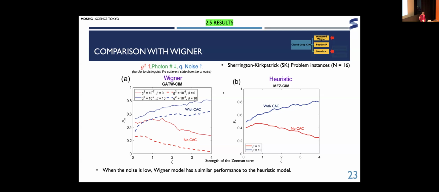When G squared goes up, the mean photon number goes down, and the quantum noise inside the model goes up. So the effect is clear: when we increase G squared, the performance decreases with chaotic amplitude control. But the heuristic doesn't have any of those noise-related variables, so it doesn't change, but it needs chaotic amplitude control to boost its performance.